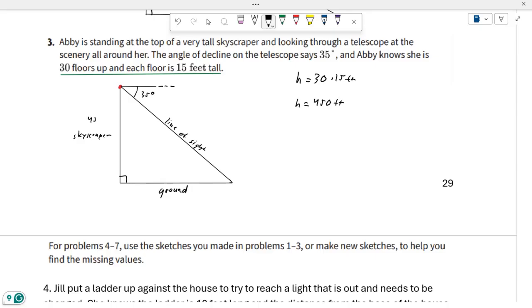So my skyscraper here is 450 feet tall. I believe that has all the information we are given. I don't think there's anything else to label yet. We're going to revisit this in question 6 and add a little bit more, but for now, I think that's fine. And that is our picture for number 3.